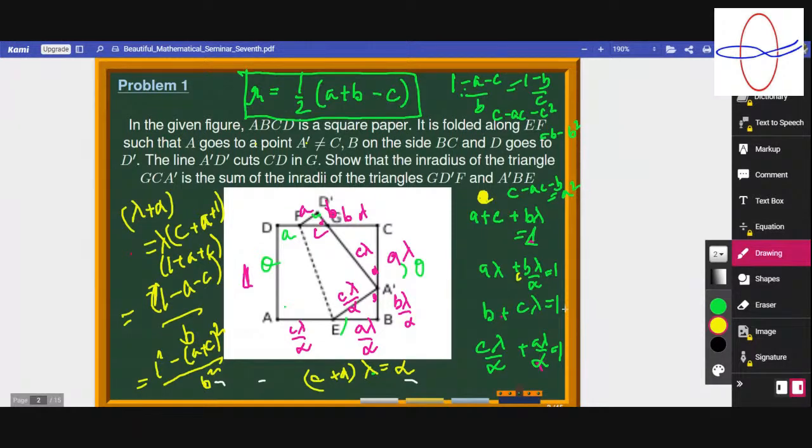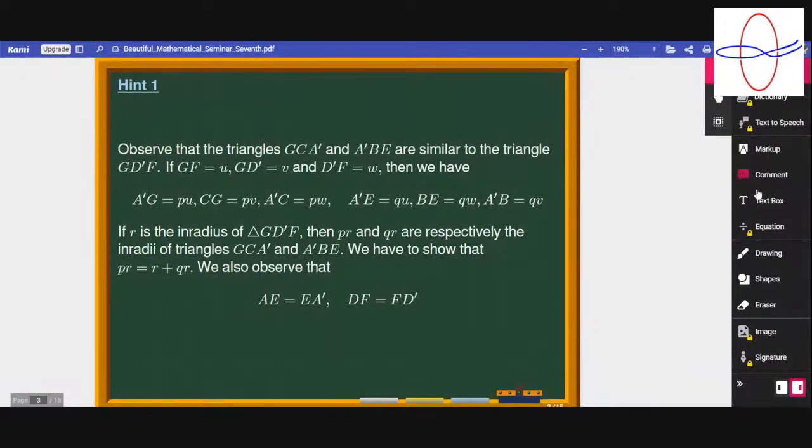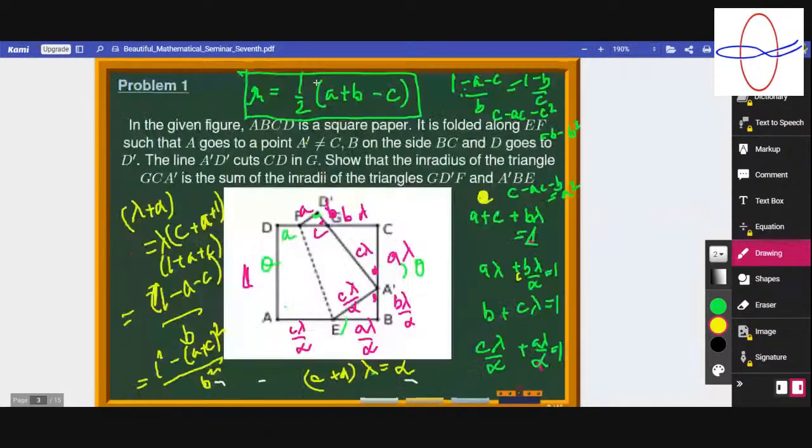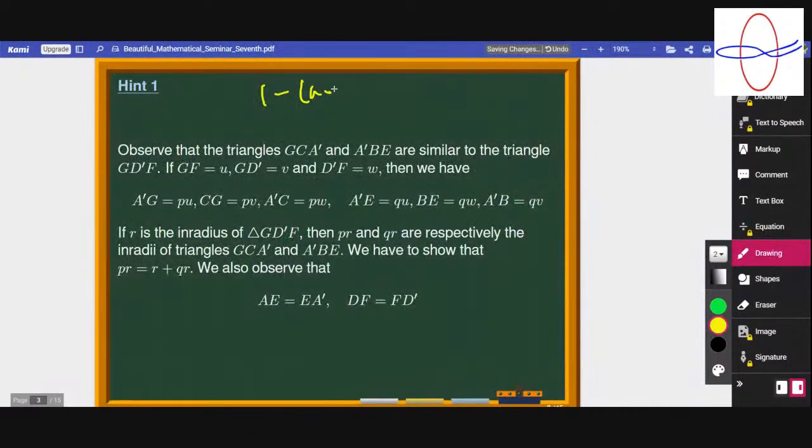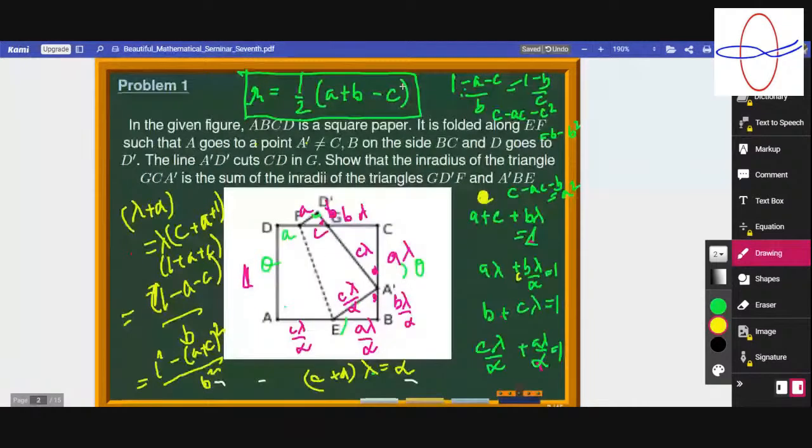It's correct. We are getting that. Let's see once. 1 minus a plus c whole square equal to b square. This is what we should get.